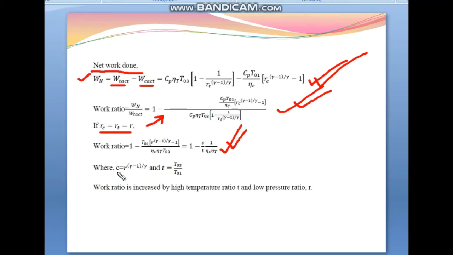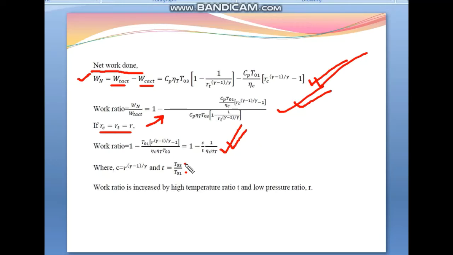Here small c is R to the power (gamma minus 1) by gamma, and small t is the ratio of the maximum temperature to the minimum temperature, that is T3 and T1.